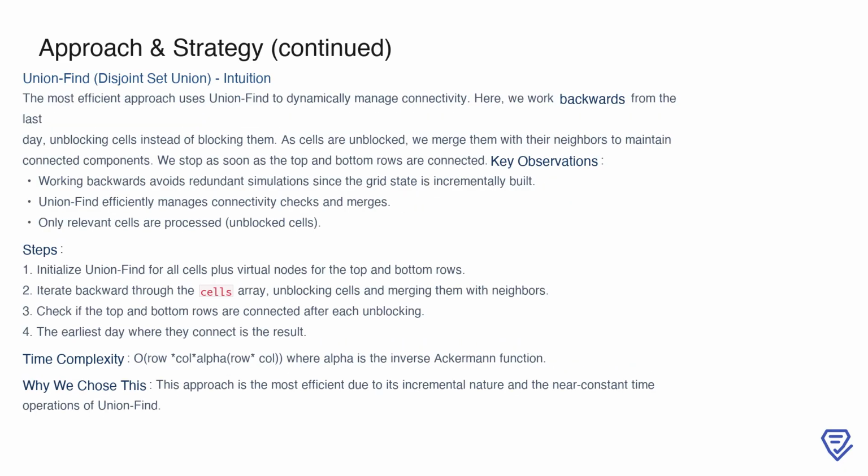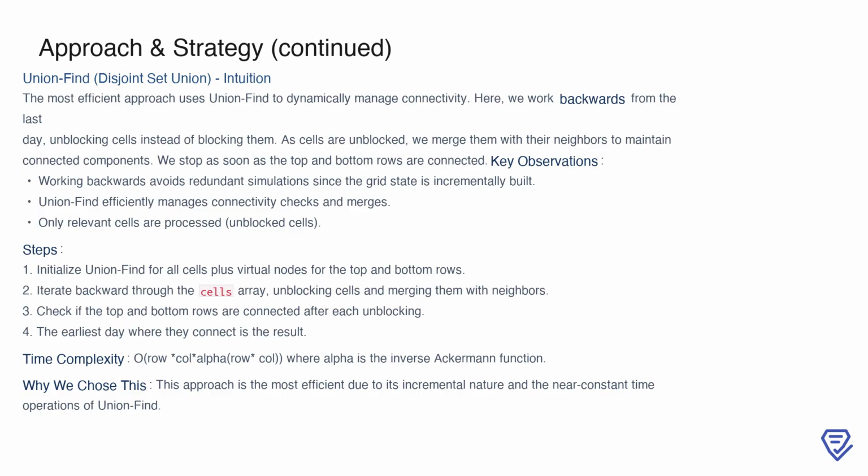The most efficient approach we considered is the union find, or disjoint set union, method. This strategy works backwards, starting from the last day and unblocking cells instead of blocking them. As we unblock cells, we dynamically merge them with their neighboring cells to maintain connected components. The process stops as soon as we establish connectivity between the top and bottom rows.